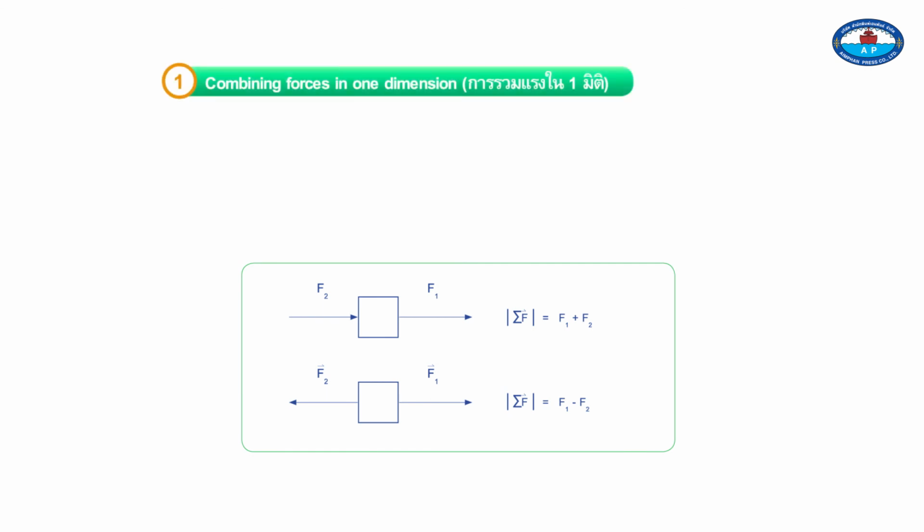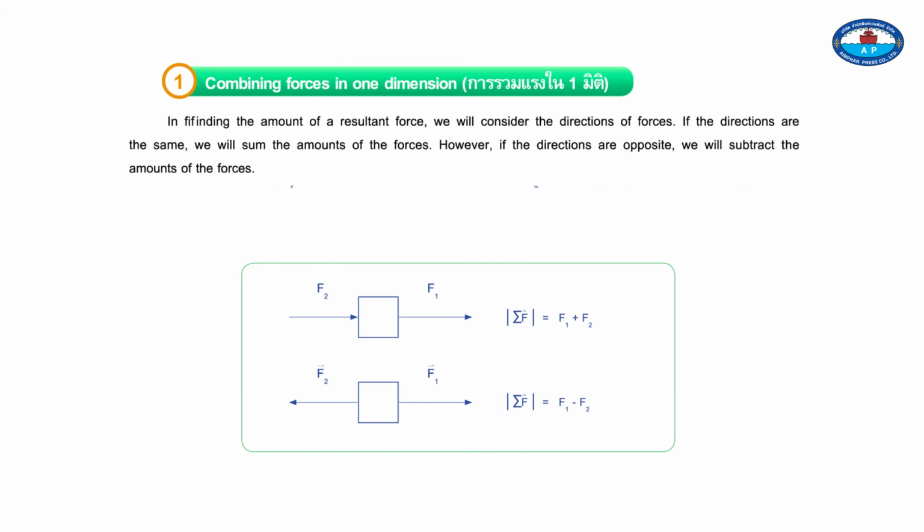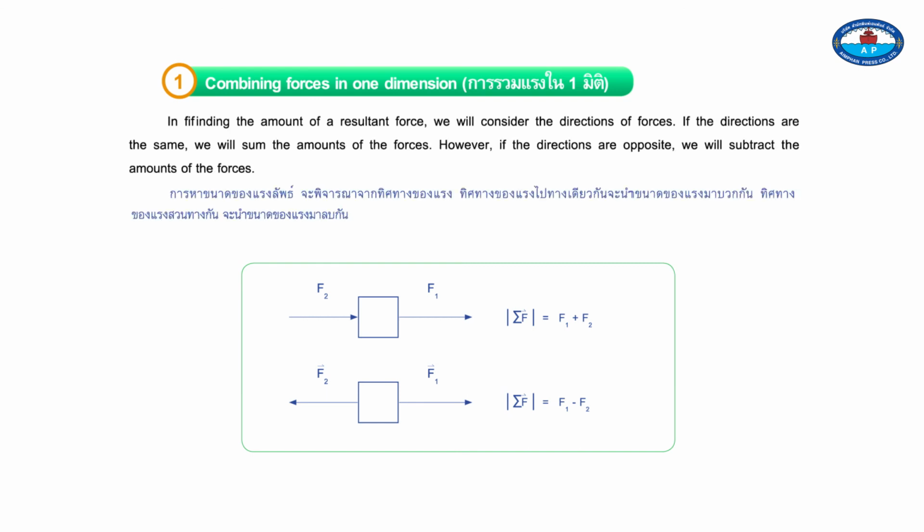Combining forces in one dimension. In finding the amount of a resultant force, we will consider the directions of the forces. If the directions are the same, we will sum the amounts of the forces. However, if the directions are opposite, we will subtract the amounts of the forces.